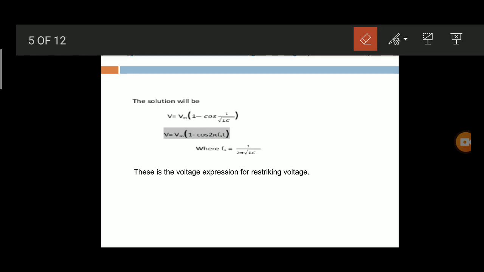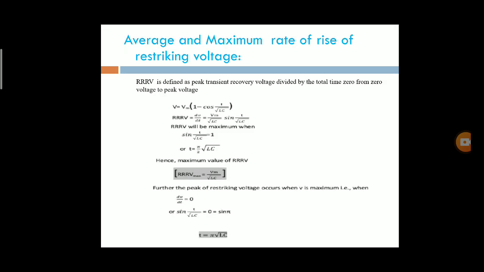Next, coming to the rate of rise of restriking voltage, that is known as the RRRV.